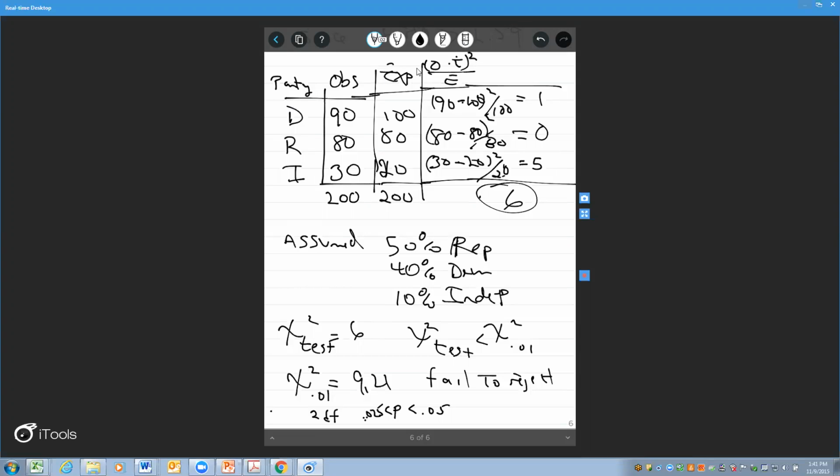I wrote down the numbers in the order in which they were given, but I did not write down the parties in the order in which they were given. So this is Republican, Democrat, Independent. The calculations are correct. The conclusion we drew was correct. It's just I didn't have them in the correct order on the name side of it. All of the values we had were correct. Okay, so let's go back and do our StatCrunch.